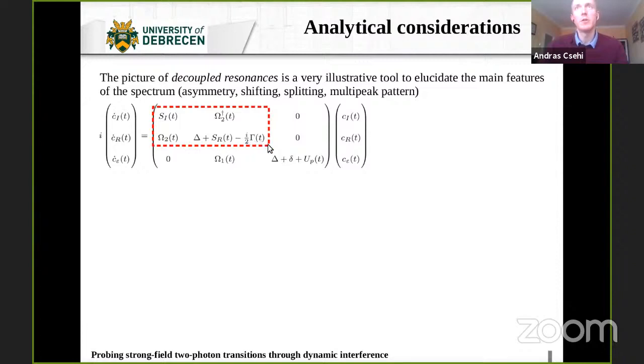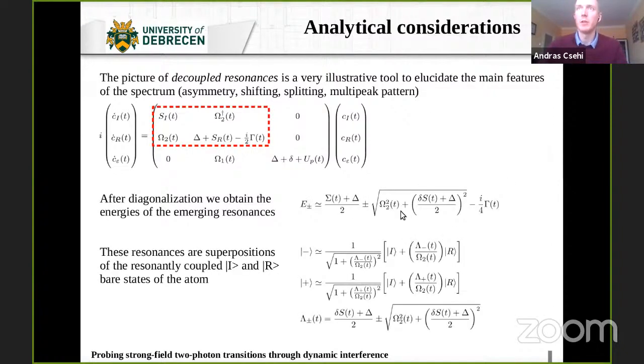the energies of which can be obtained by diagonalizing this 2x2 matrix shown here, because this 2x2 matrix describes the resonant transition between the initial and the 2s and 4s states in the case of lithium. So by diagonalizing this, we obtain the energies of these emerging resonances, which are present during the action of the laser pulse, and we obtain these energy expressions.